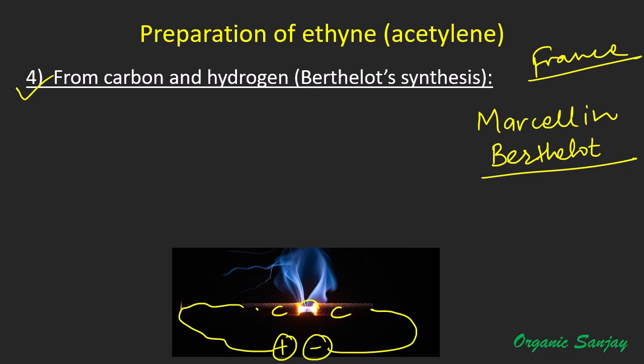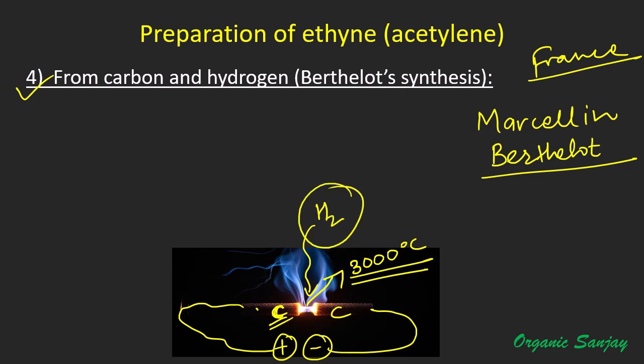When hydrogen gas is passed through this electric spark, the hydrogen will react with the carbon atoms and ethyne gas will be formed. There is very high temperature in this region, about 3000 degrees Celsius, and at this temperature carbon combines with hydrogen and forms ethyne gas.